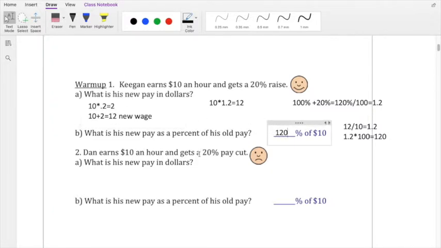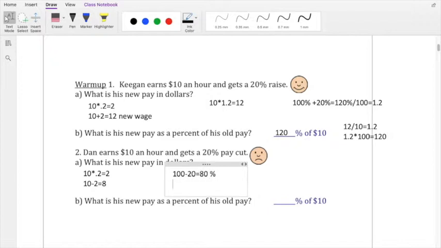Poor Dan here gets a 20% wage cut. So what's his new pay? One way we could do it, we can go 10 times 0.2, which would equal 2. Then it's a wage cut, so I'm going to minus it off, so that's going to equal 8. Now the other way we could do it is we know that 100% minus 20% equals 80%.